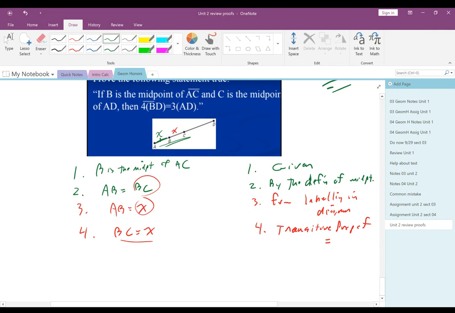So now I'm going to say AC equals X plus X. That's segment addition postulate and labeling in diagram. Okay.